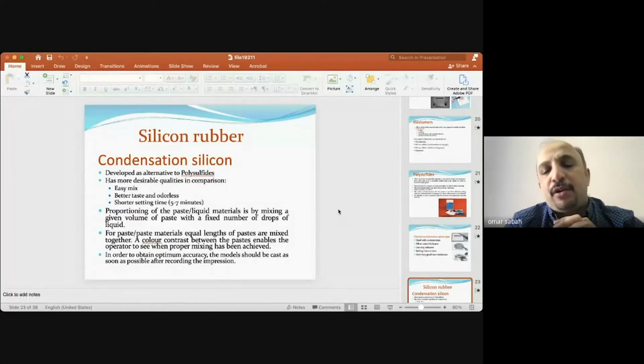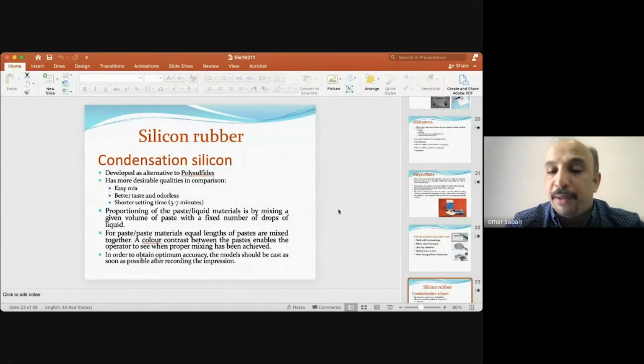A color contrast between the pastes enables you to know whether you have achieved the final mix, or whether you should continue mixing until you get a homogeneous color.